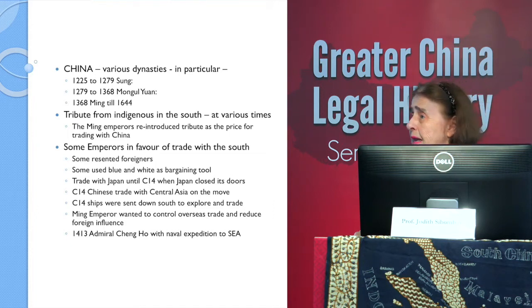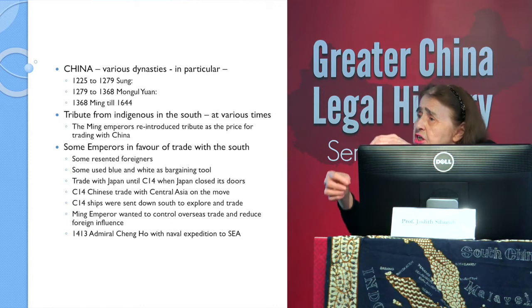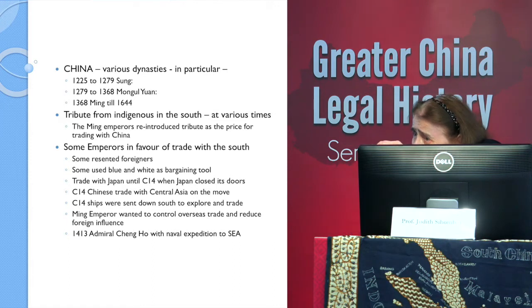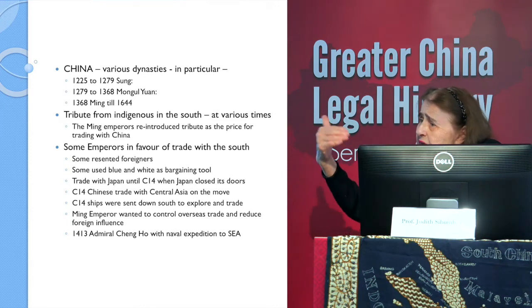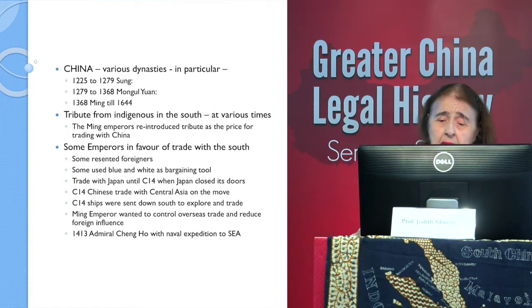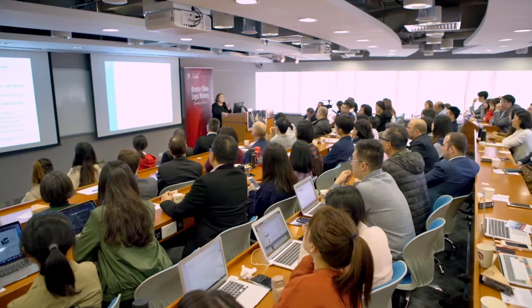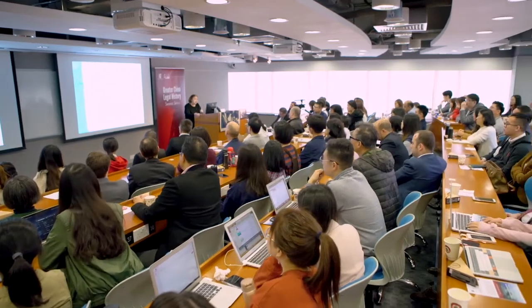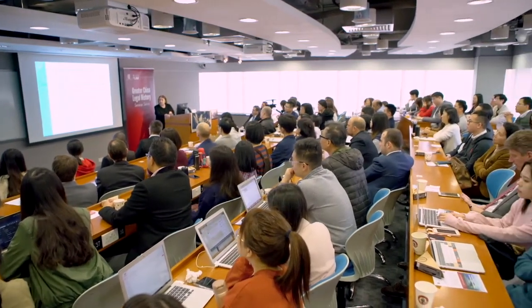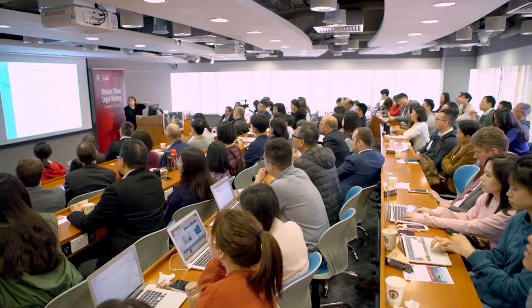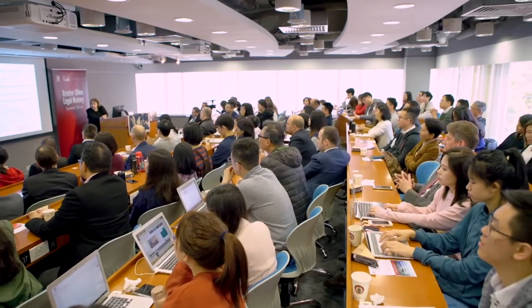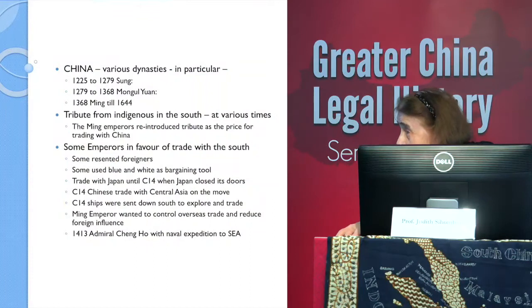Trade with Japan until the 14th century between China and Japan, and China would bring the Japanese products down with them. Not many Japanese ships came down this way. And then in the 14th century, China increased its trade with Central Asia on the old Genghis Khan route. Remember Genghis Khan? No? Never heard of him. Okay, he'll be happy to know that.